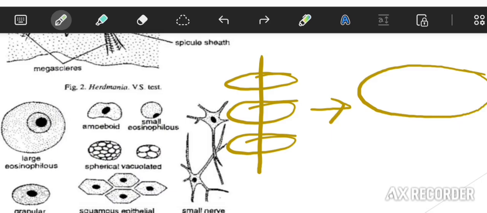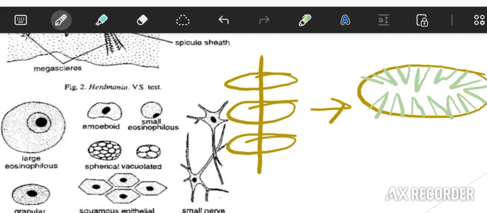These are the spines which face in the same direction, that is towards the center. All around the ring, these spines are present which face towards the inner side. So this is the structure of a circular ring which is present in the spicules.